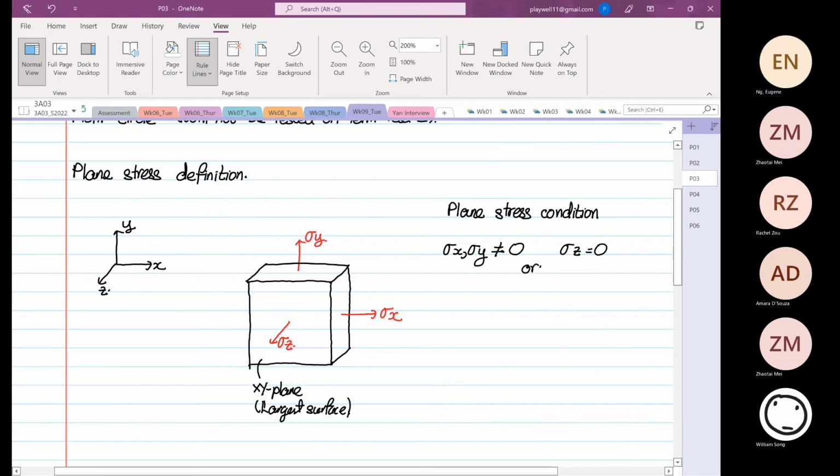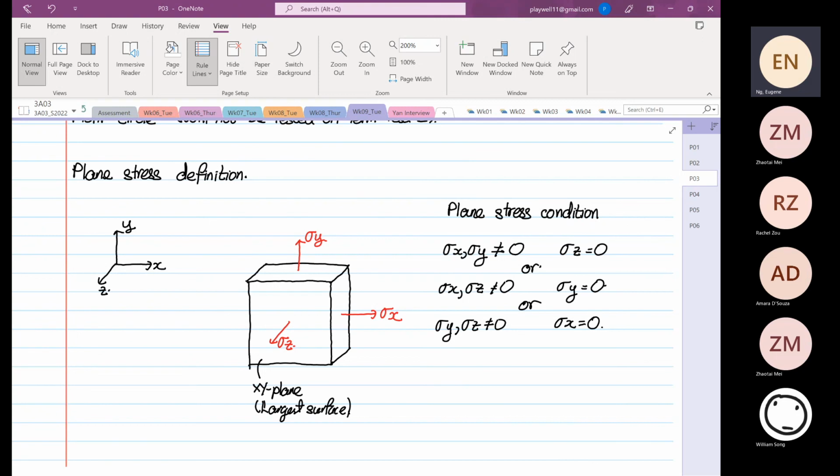Or when stress X and stress Z are not equal to 0, stress Y is equal to 0. Or when stress Y and stress Z are not equal to 0, stress X is equal to 0. So what you can see over here is that as long as one of the stress orientations is equal to 0, we call this a plane stress condition.